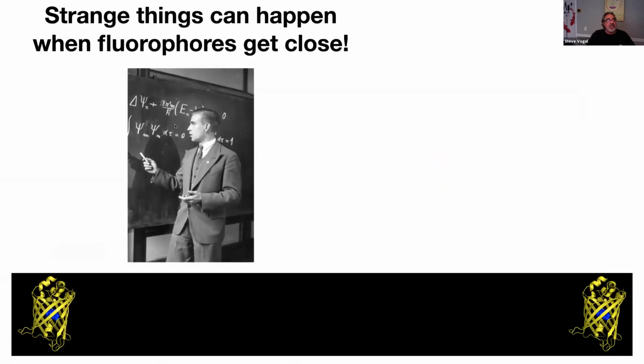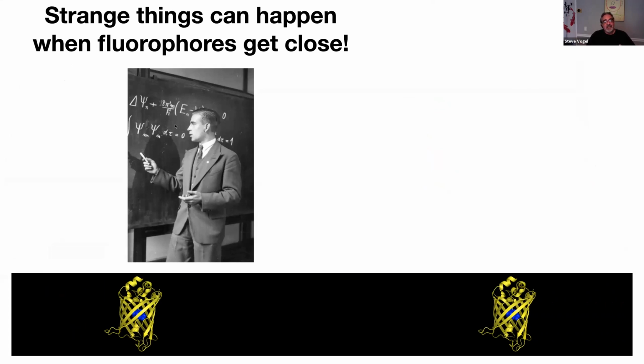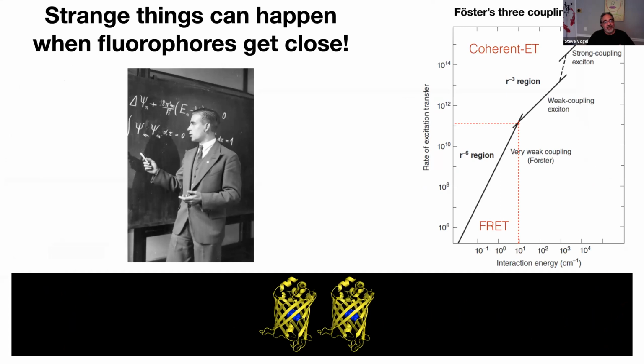So strange things can happen when fluorophores get close. So this is a picture of Förster, who FRET is named after, as a young student doing quantum mechanics. And in the bottom, I have 2 yellow fluorescent proteins. And you can see that when you bring them together, some strange things can happen.